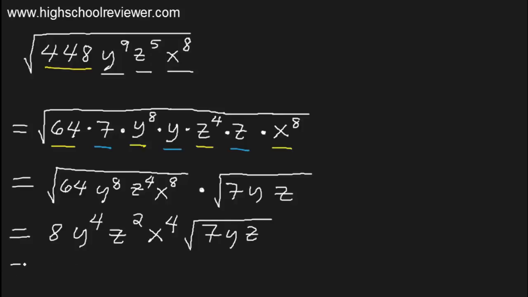We can rewrite this in alphabetical order, so we will have 8x raised to 4, y raised to 4, z raised to 2, and the square root of 7yz. So this is now our final answer.